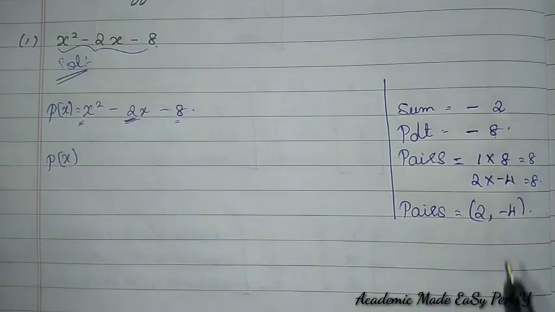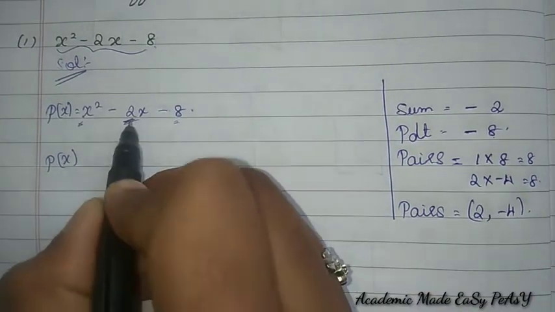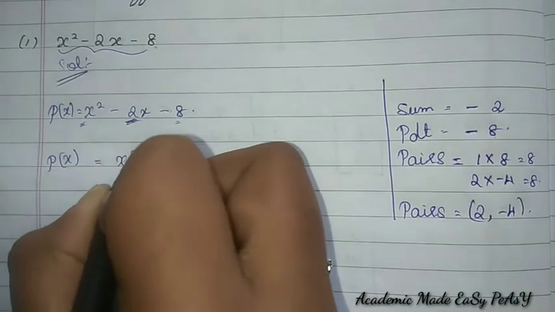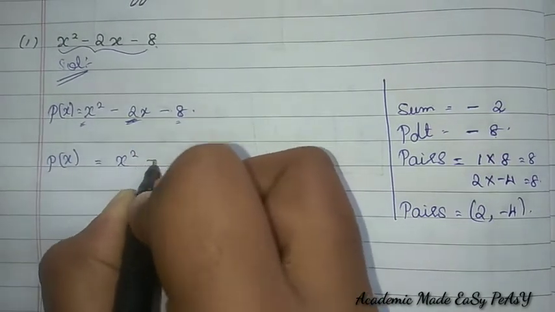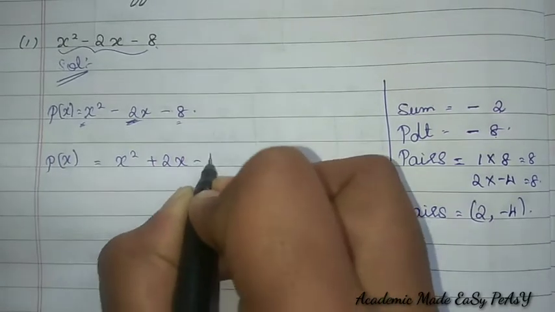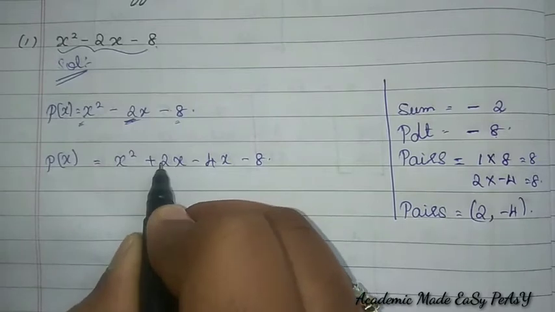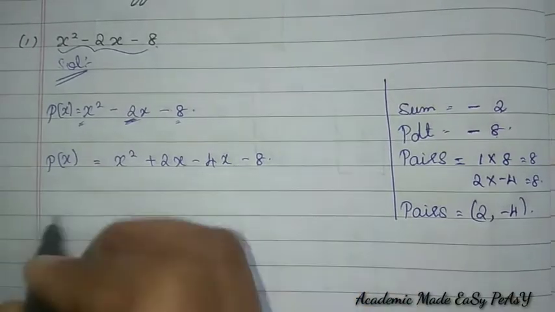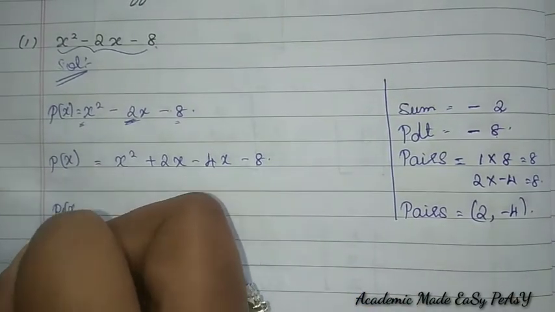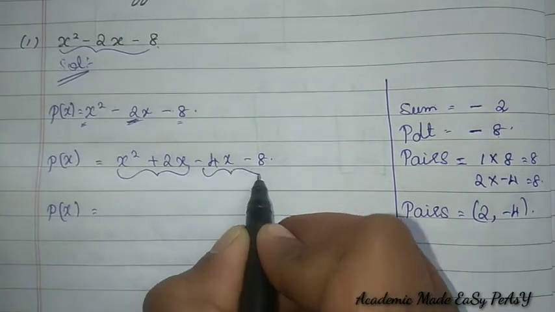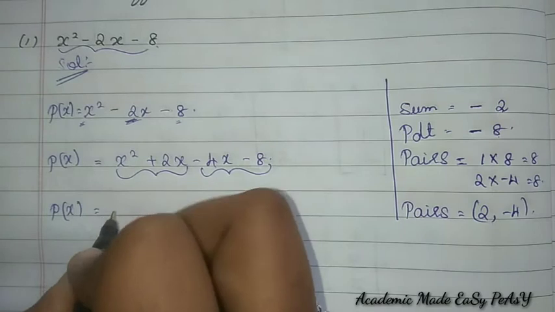I will be substituting this pair in the place of minus 2. So p of x is equal to x square plus 2x minus 4x minus 8. If I combine 2x and minus 4x, I get minus 2x. Now I will take these two terms together and these two terms together.